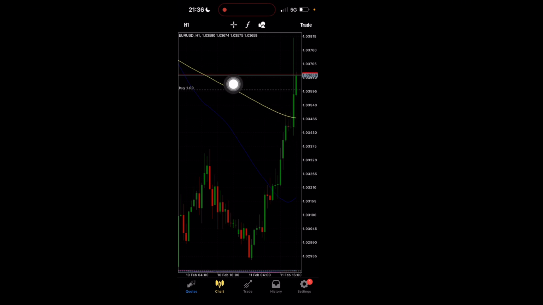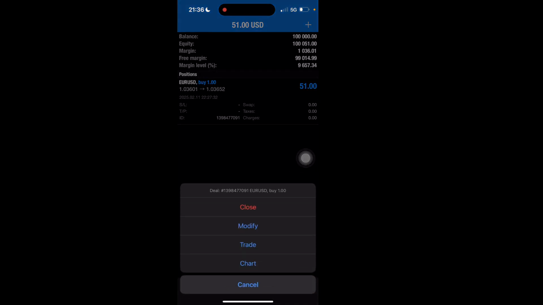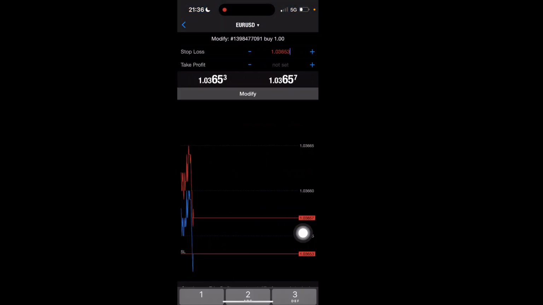For example, this open position we opened the other time. So you click on trades here, so you'll be able to see the running trade. Then click on the position like this, and long press on the position, you see where to modify the position. Modify, and then you input the stop loss value that you want the trade to have.